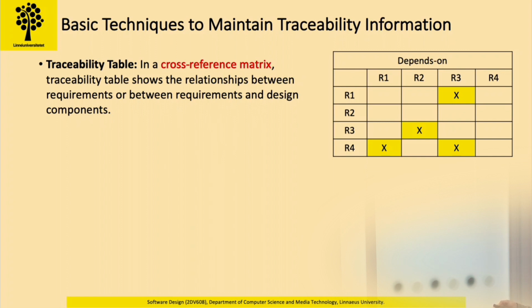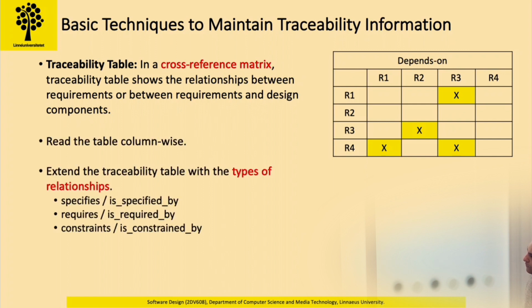So let's say, in general, without specifying the type of the relationship, we can say that requirement 1 is dependent on requirement 4, requirement 2 is dependent on requirement 3, requirement 3 is dependent on requirements 1 and 4, and requirement 4 is not dependent on anyone. Now, if we want to specify the type of relationship, I listed 3 here, but there can be more, because there were many others in the previous slide.